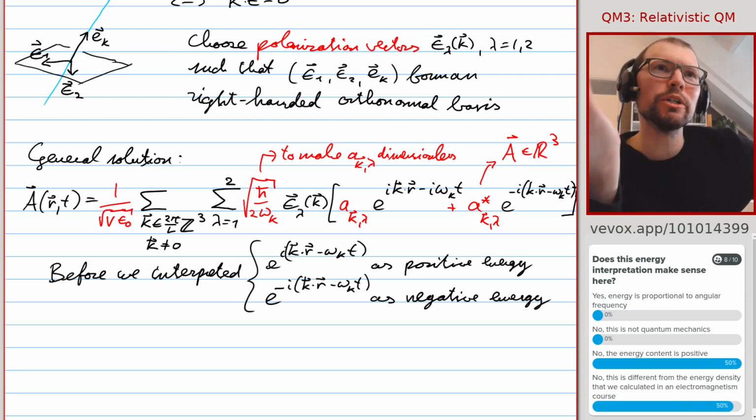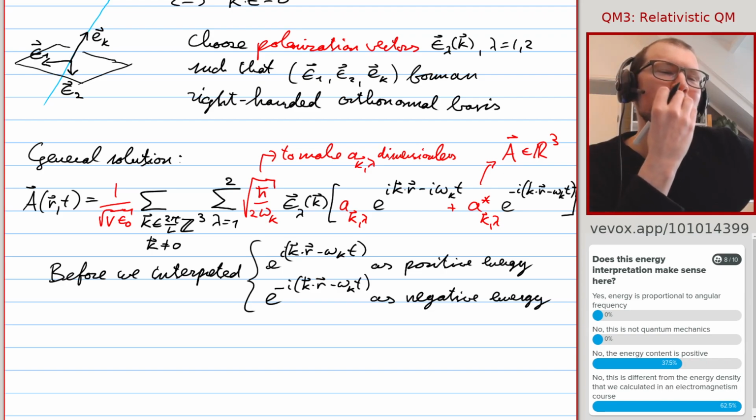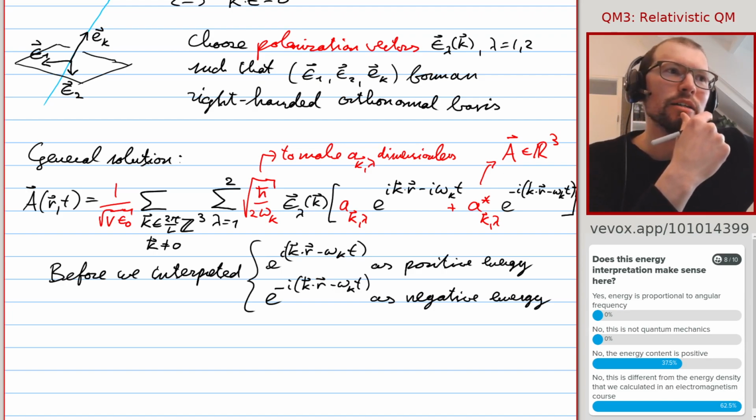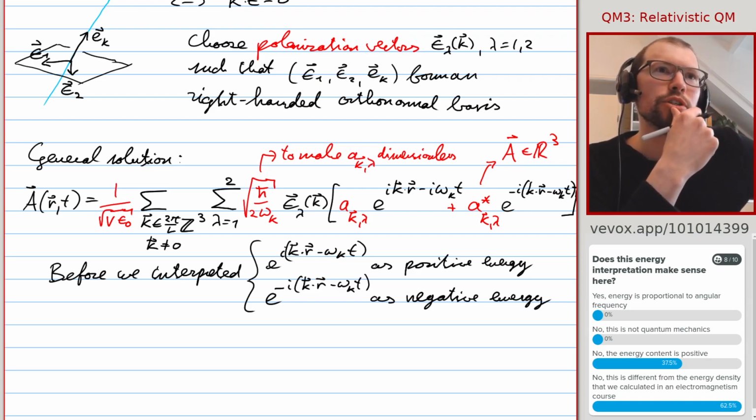Because remember, we're really doing classical electrodynamics here. So there is no de Broglie relation yet. So the yes answer is hard to defend. In classical mechanics, there is no reason why an angular frequency should have anything to do with energy a priori.